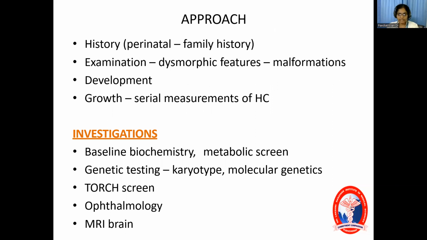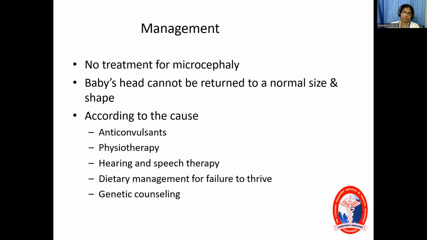Also do genetic testing like karyotyping and molecular genetics to rule out chromosomal disorders, for example Down syndrome. Also do a TORCH screening for congenital infections, and ophthalmology. You always do a fundus examination and MRI brain to rule out any associated malformations of the brain.